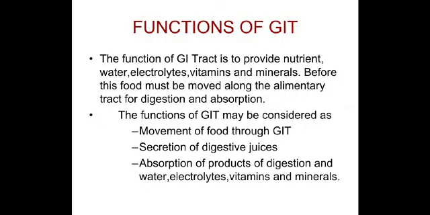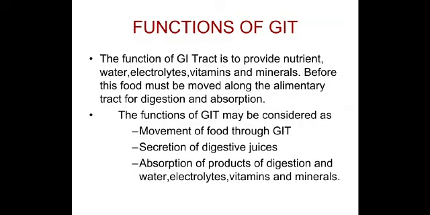Let's come across the functions of the GIT. The function of the gastrointestinal tract is to provide nutrients, water, electrolytes, vitamins, and minerals. Before this, food must be moved along the alimentary tract for digestion and absorption.